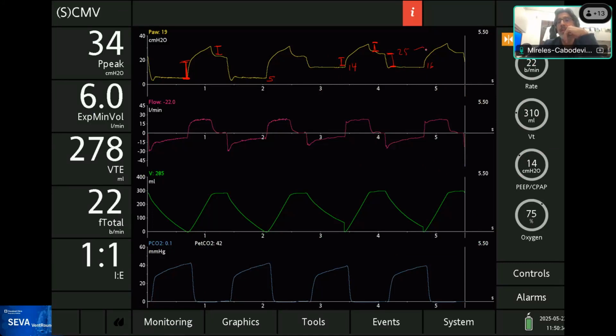So now this patient has 11 of driving pressure. So airway opening pressure will cause false elevations, or overestimation, of your driving pressure by its nature. Rob? I think 25 minus 16 is 9, isn't it? Not 11. Oh, sorry. Thank you. That's why I didn't go to primary school.